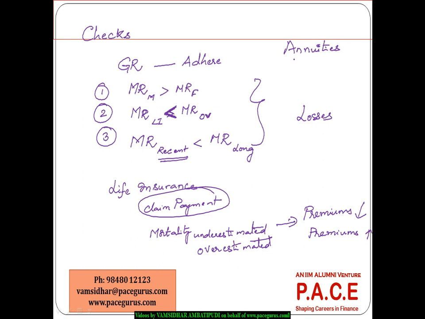The same is the case with annuities, because the payment happens as long as the person is alive. The regular payments are going to happen as long as the person is alive. Now, what is happening there?